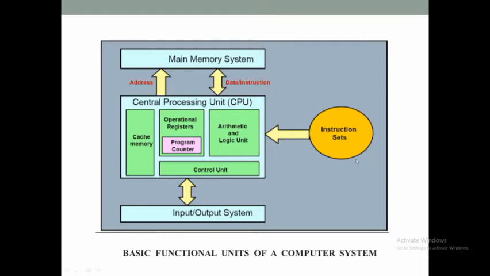Here you can see that you have the CPU and then you have the main memory. One important thing to remember is that for the CPU to execute instructions and data, all those instructions and data have to be in the main memory. But main memory is a volatile memory. As soon as you switch off the computer, the contents of the main memory are lost.